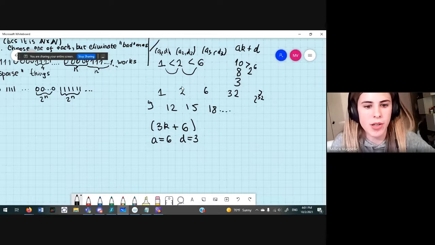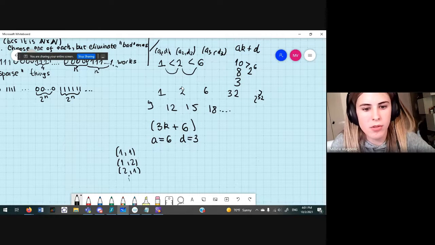In our ordering, say how we choose them: 1, 1, 2, 2, 1 by sum. It will be somewhere around here where the sum is 9.